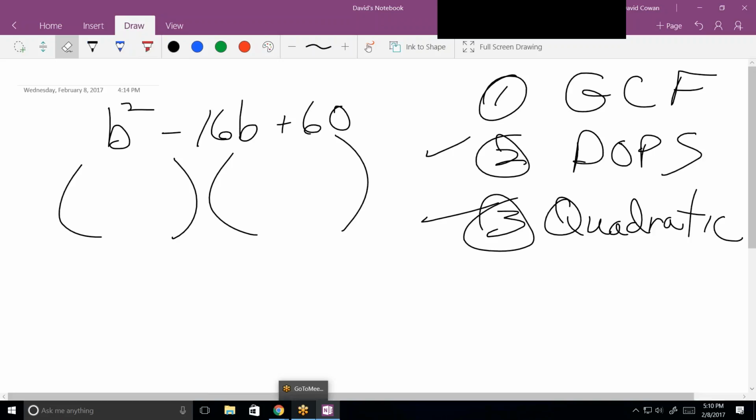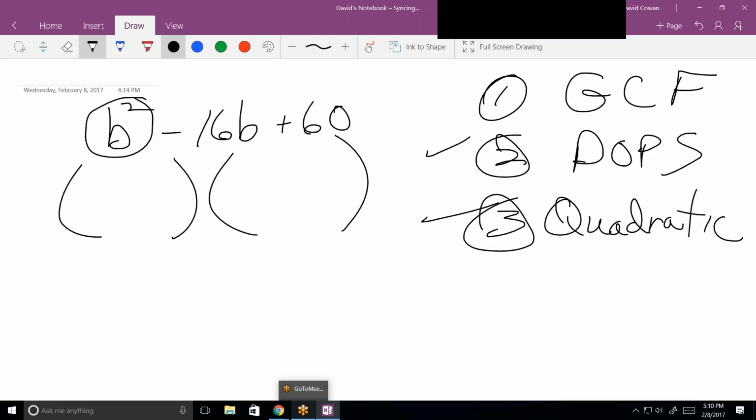Basically, what we're doing is multiplication in reverse, right? In other words, if I had the two linear factors here and multiplied them together, I would FOIL them. Well, instead, they're giving me the answer, and they want the two factors. So the first step is what? We need to split it down.